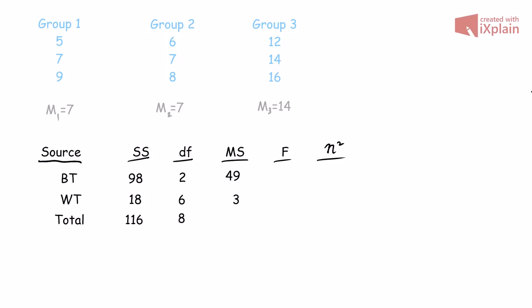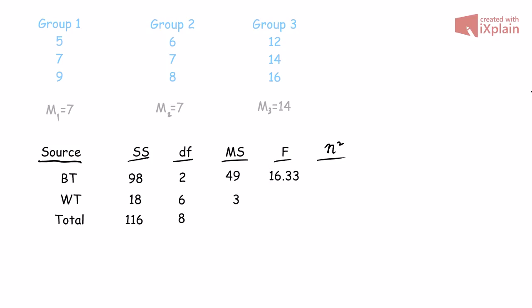And so what we want to do is divide the 3 into the 49 to get F. And if we do that, we'll get 16.33 for F. That means that there is 16 times more variability than you would expect due to sampling error. That's a pretty sizable effect.